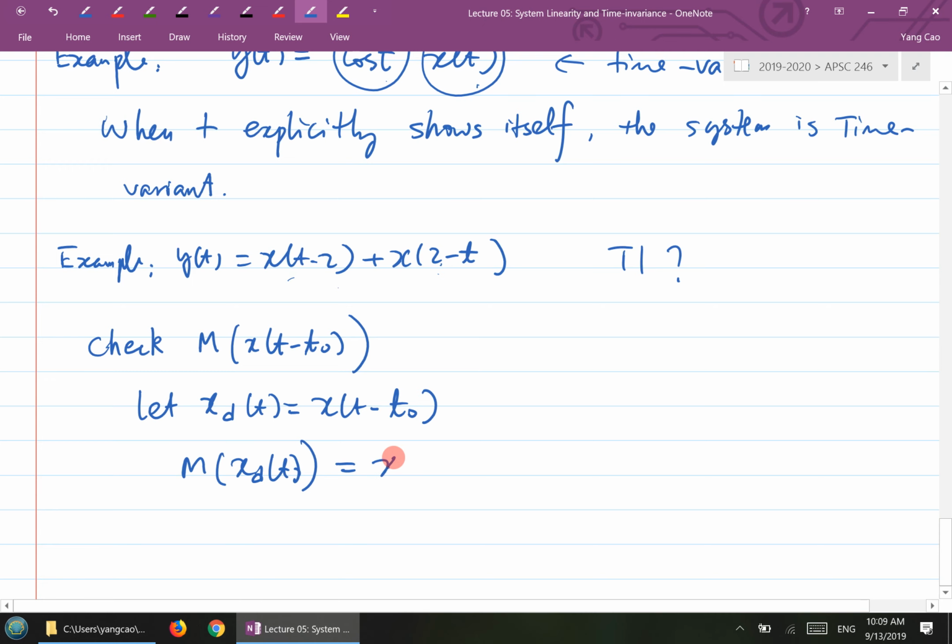So that basically becomes xd of t minus 2 xd of 2 minus t. But we don't want xd here, we want the x here. So now you go back to your expression for xd of t. Here's your expression for xd of t. I want you to very carefully look at what replacement you need to do. So xd of t equals this. Then what is xd of t minus 2?